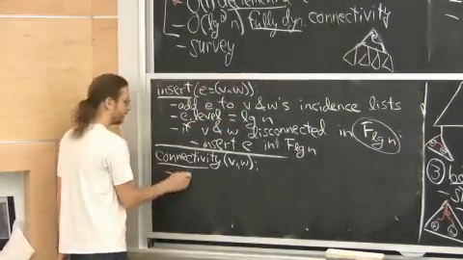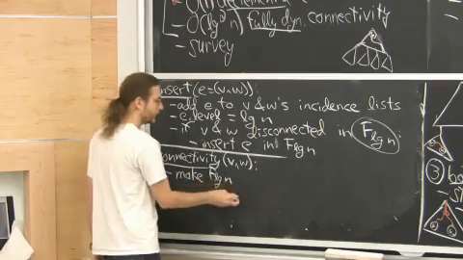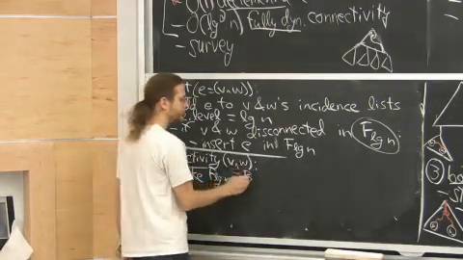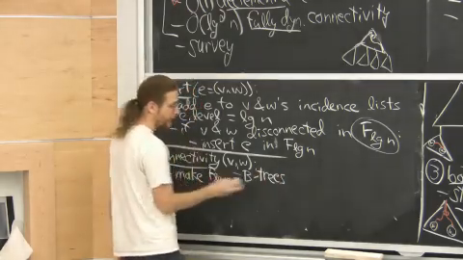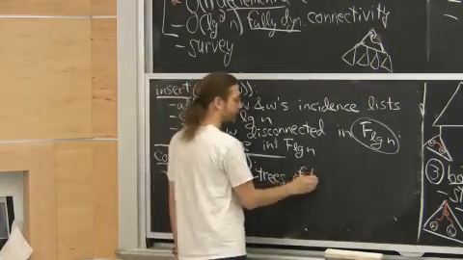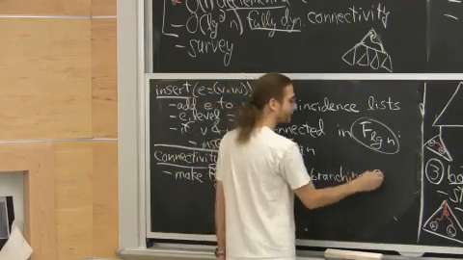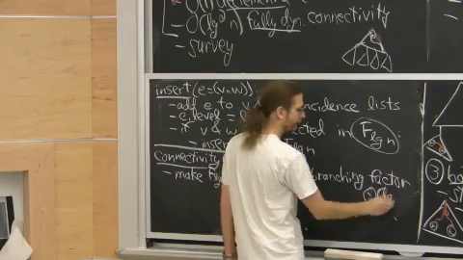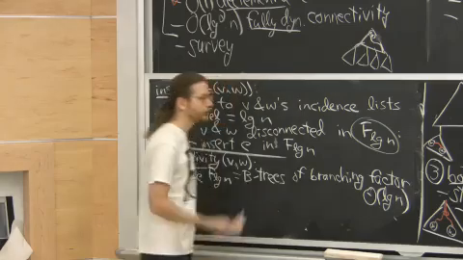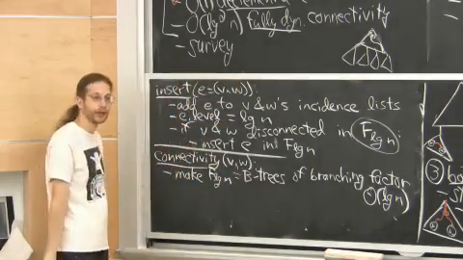I want to make F log n equal to a B tree. Actually, it's a bunch of B trees, one per connected component, of branching factor Theta log n. I guess it's a B tree, so I have to have some slop. Usually with Euler tour trees it was a balanced binary search tree.